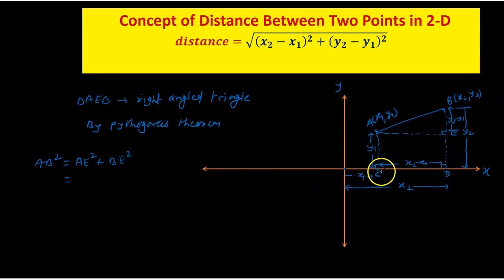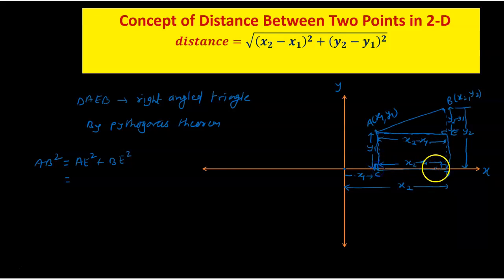If CD is equal to x2 minus x1, then AE is also equal to x2 minus x1, because ACDE, this lower figure, is a rectangle, and in a rectangle opposite sides are equal. How is it a rectangle?